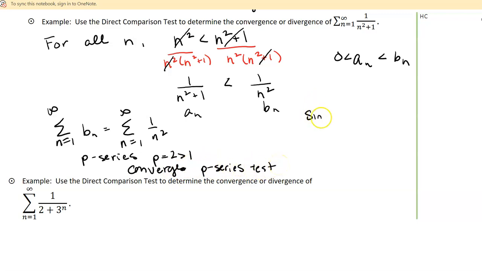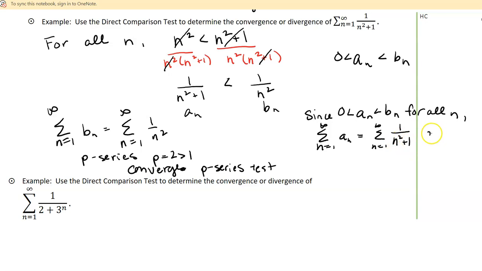And since our a sub n is less than b sub n for all n, we can say that the sum from 1 to infinity of a sub n, which is going to be the sum from 1 to infinity of 1 over n squared plus 1, also converges by the direct comparison test, which I'll shorthand to be DCT.